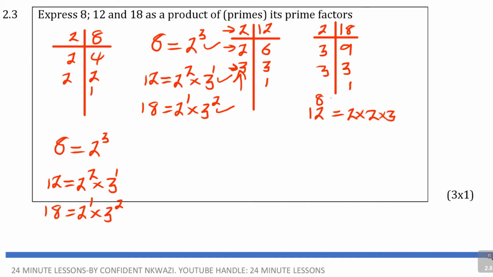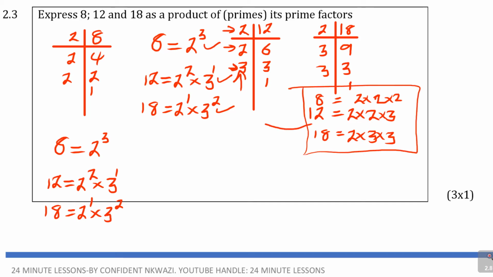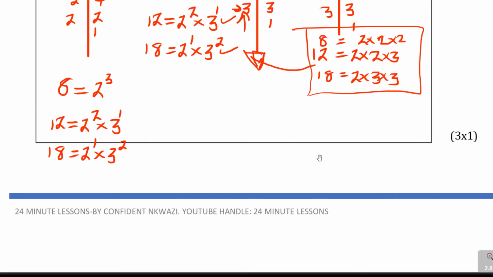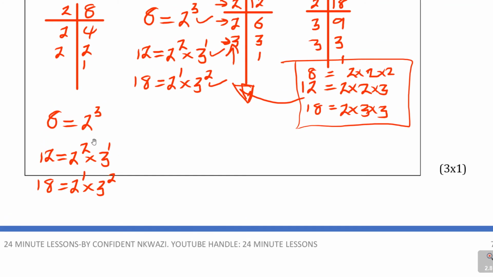If you say 8 is equal to 2 times 2 times 2, still fine. Even if you say 18 is equal to 2 times 3 times 3. This is the starting point, but as I said, they prefer this one later for your exponents, and also you'll see why I prefer that one as we move on. So this is what we are having.